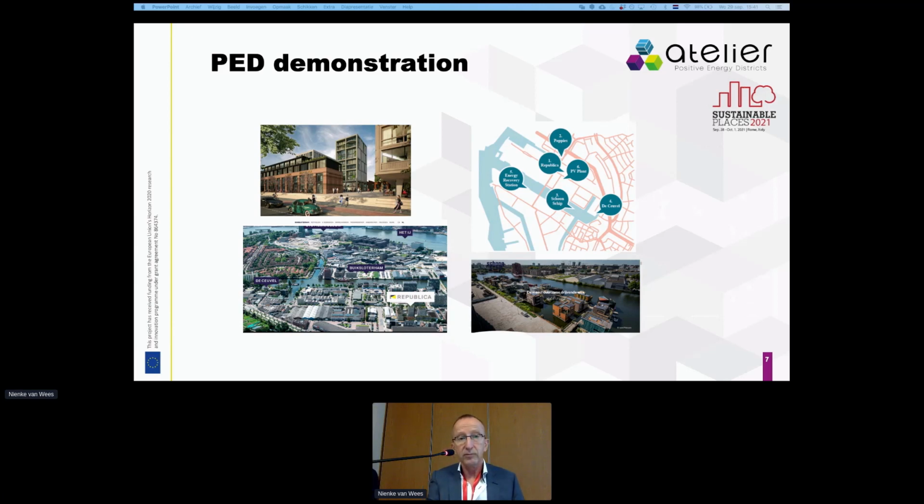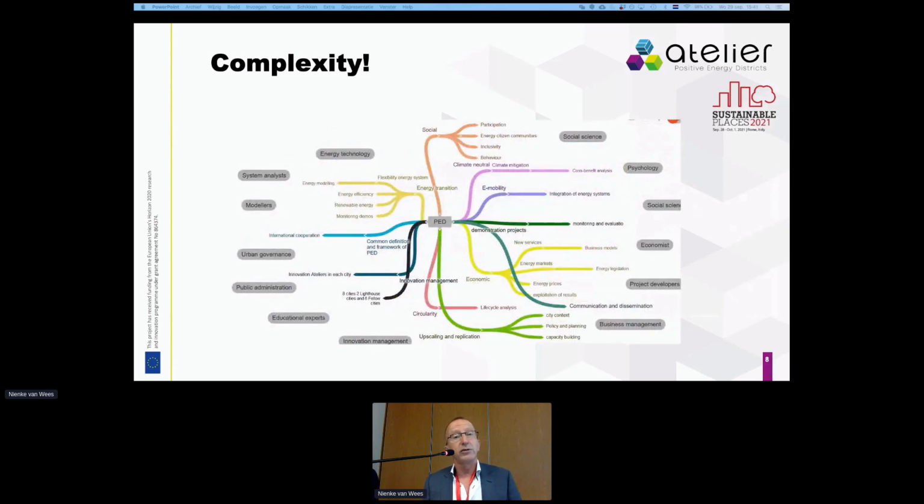But then the first question is complexity. Okay, I hope you can read it. You deal with a wide range of innovations, from battery storage to social interventions. You deal with a lot of different disciplines. You see in the gray area all the disciplines that are involved in the project.